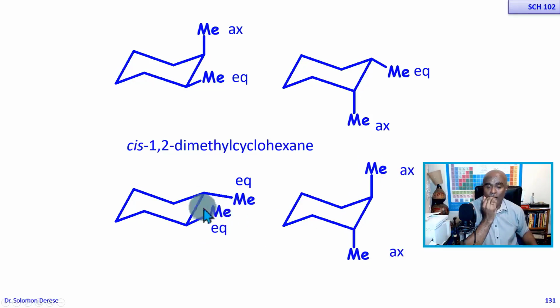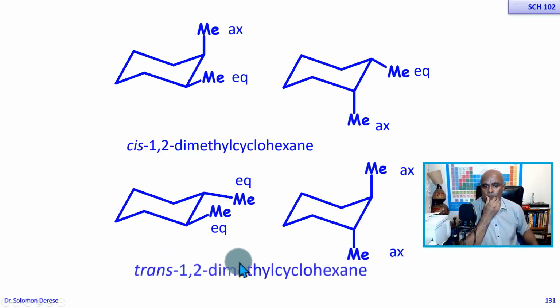If you look at the orientation of the substituents in relation to the ring, you will see that this one is facing down, while this one is facing up, in opposite directions of the ring. How about this one? This one is facing up, while this one is facing down. As a result, these two molecules are trans-1,2-dimethylcyclohexane.